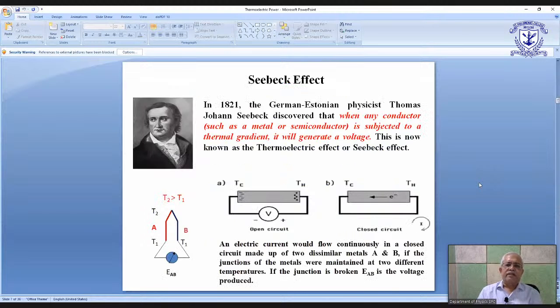As I said, the Seebeck effect was discovered by a German physicist, Thomas Johann Seebeck, in 1821, long back, before people understood many other things. Seebeck discovered that when a conductor is subjected to a thermal gradient, it will generate a voltage.